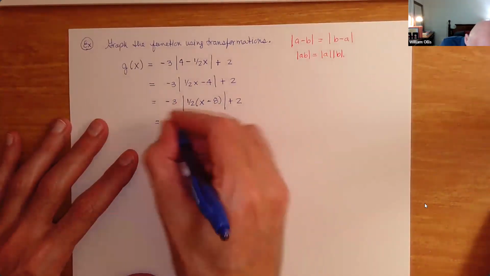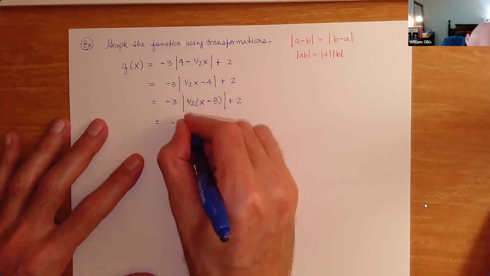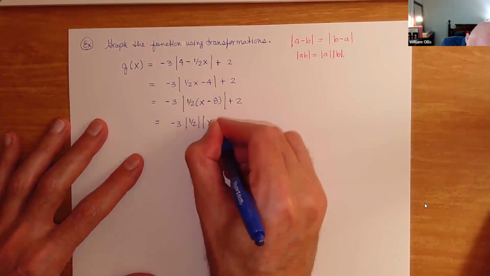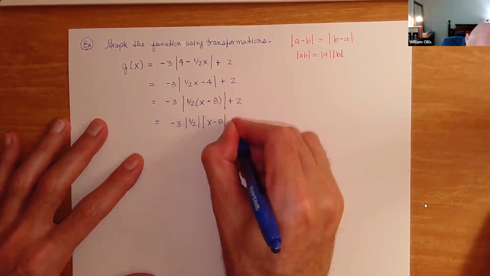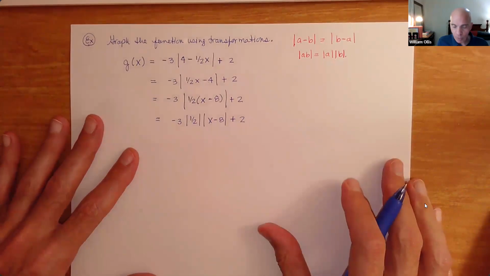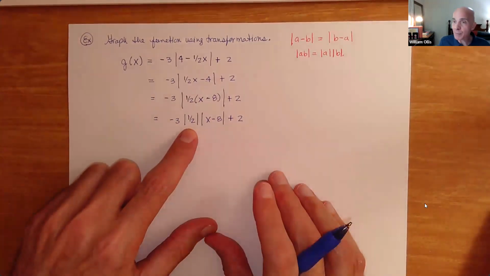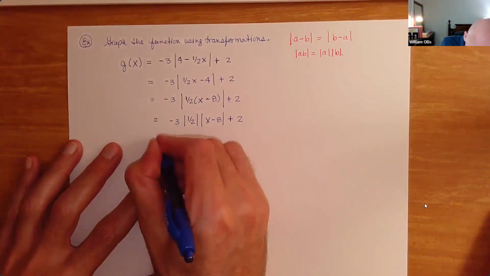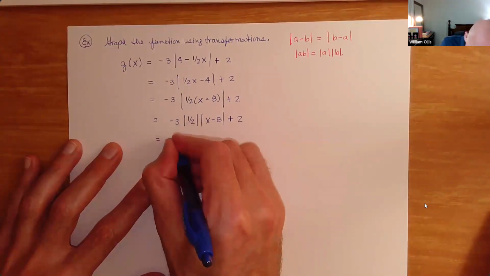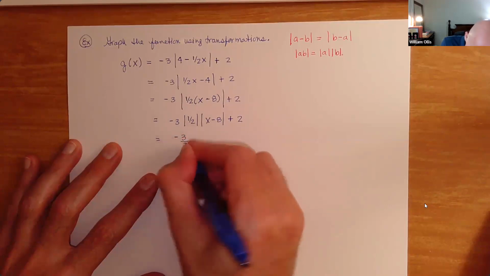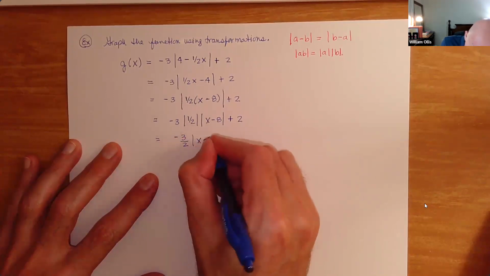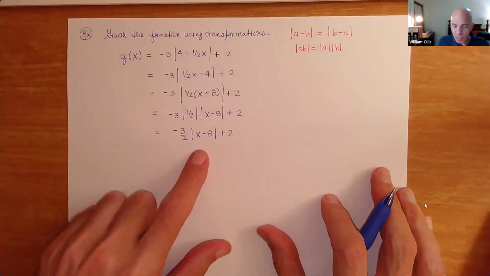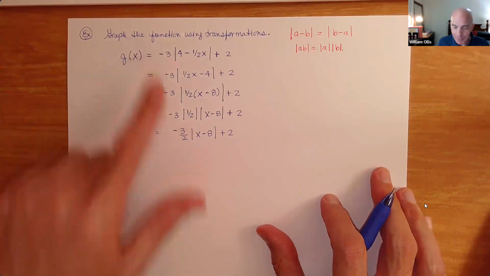Now, so this will be -3 times the absolute value of 1/2 times the absolute value of x minus 8 plus a 2. Okay, but now, of course, what's the absolute value of 1/2? It's a positive number, so that's just 1/2. So we get -3 times 1/2, so -3 over 2 times the absolute value of x minus 8 plus a 2.